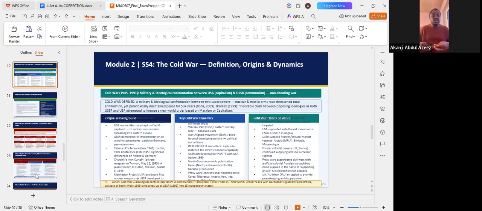Alignment was formed for the purpose of economic dependency. The country that you benefit from, you align with them. You form an alliance with them to go against the other one.